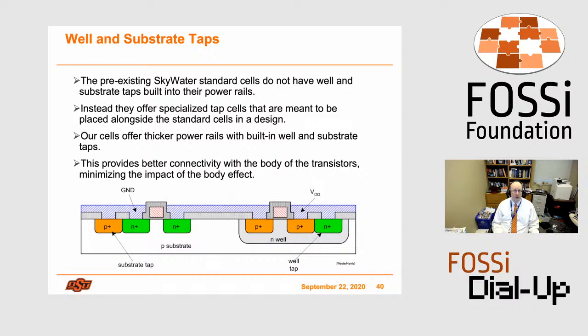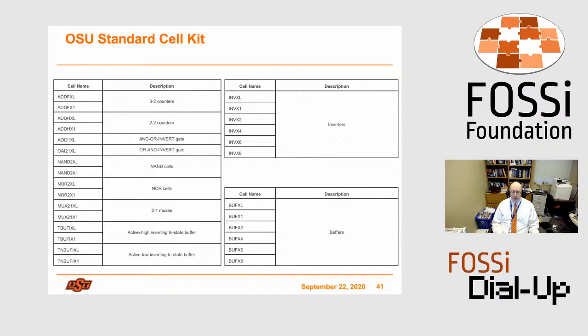So this shows a couple of the cells in a table. There's a bunch of adders, full adders, 3-2 counters, 2-2 counters, which are half adders, AOI, OAI, NAND gates, NOR gates, muxes, tri-state buffers, inverters, normal buffers.